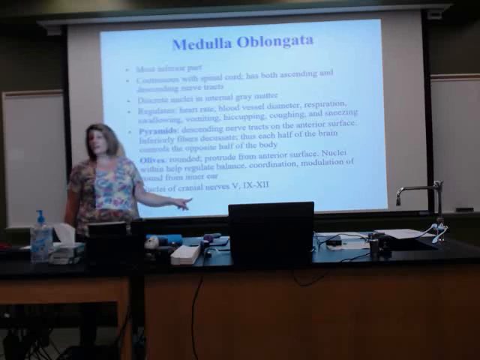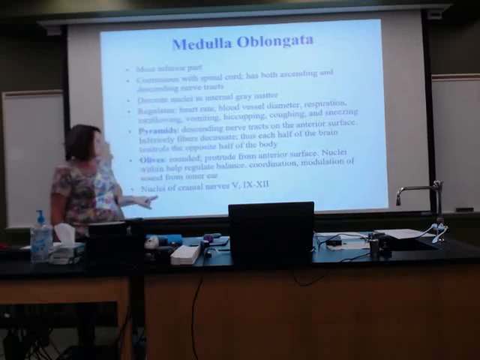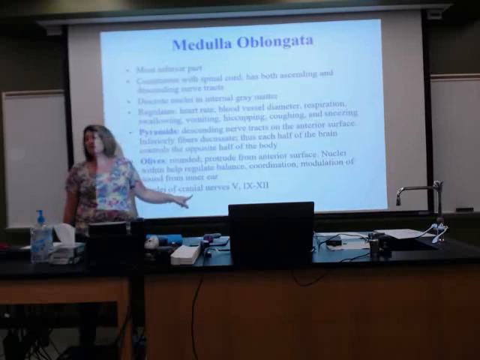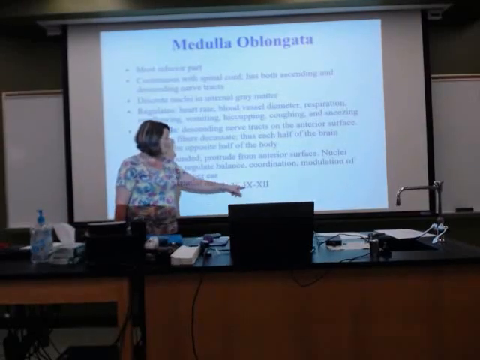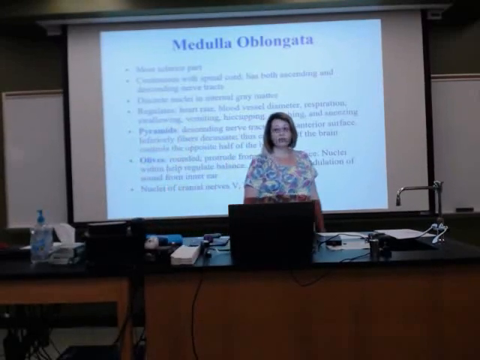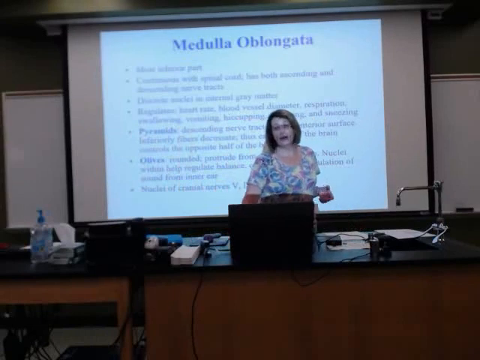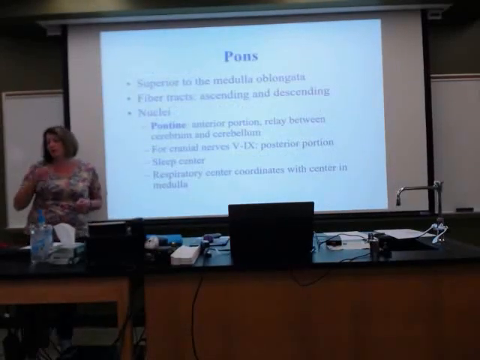In this area of the brain, the medulla oblongata, the cranial nerves that are associated with it are 5, 9, 10, 11, 12. So there's quite a few of those cranial nerves associated with the medulla oblongata.